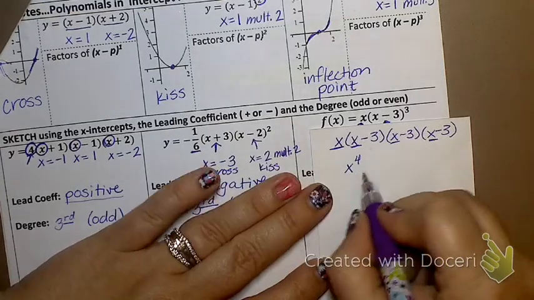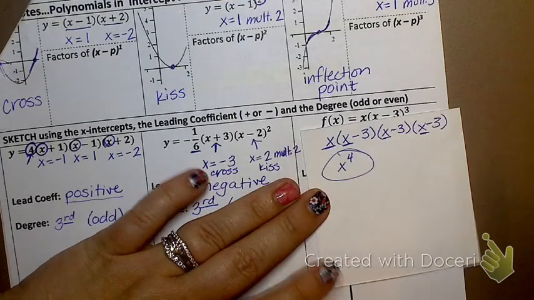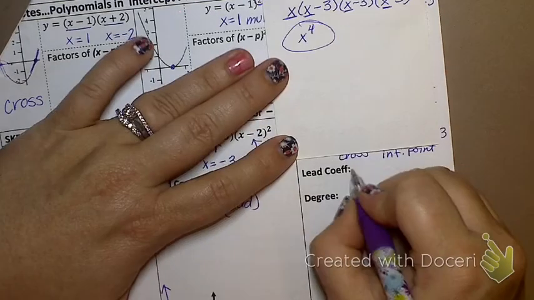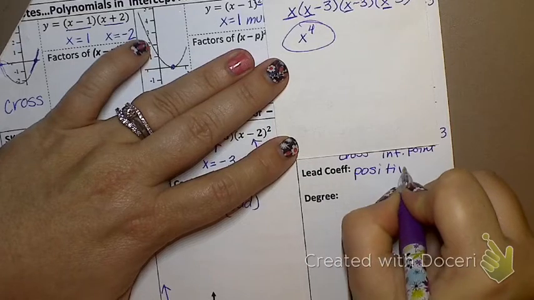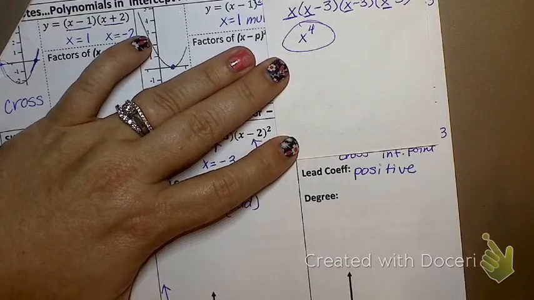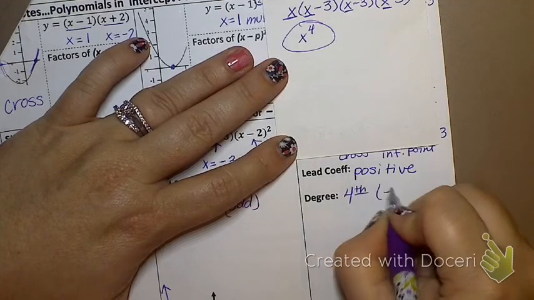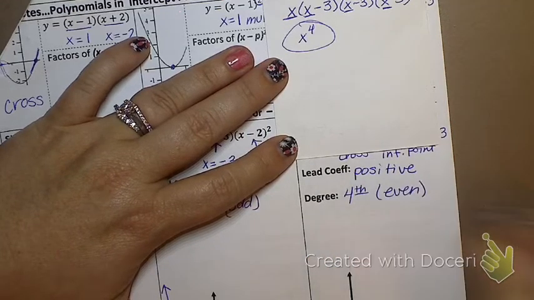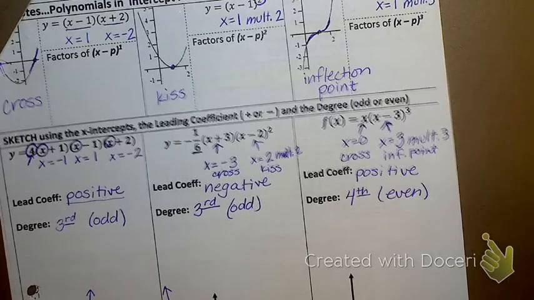So the rest of standard form would come after that. I'm not doing all of standard form. That just tells me what the first term is. Because from there, I can get my leading coefficient, which is positive 1, and I can get my degree, which is even. That's the only term I'm concerned with here.